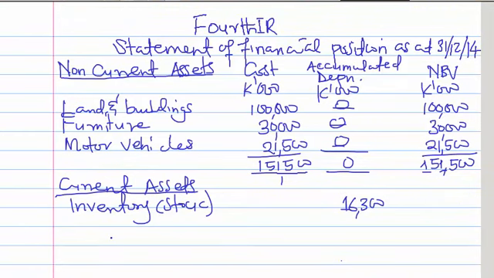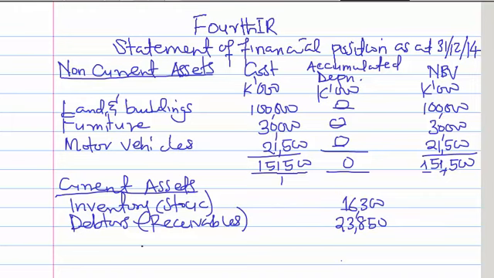Then we're going to have debtors, also known as receivables, of 23,850, and then we're going to have cash of 125.